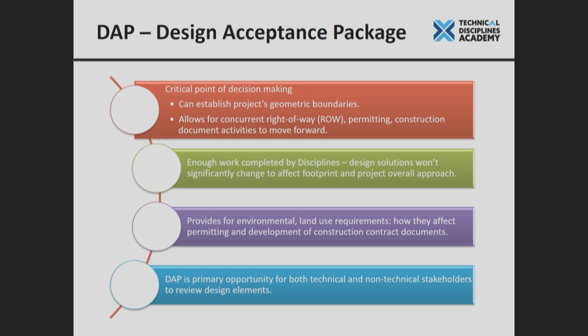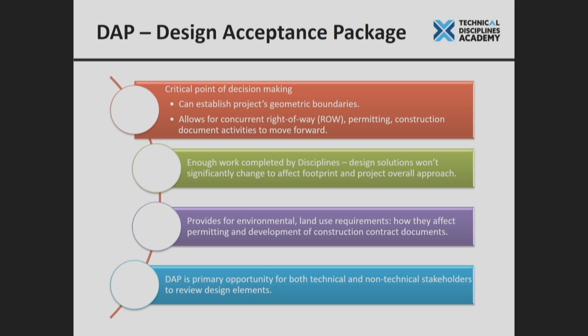And you need to think not just where you're working on the project, but sometimes there are other elements of the project that may be located somewhere else. So you have to keep that in mind as you move forward to DAP. And once you get to DAP, then it allows other activities to begin, which include buying right-of-way, permitting, getting environmental permits and other permits, and starting your construction documents.